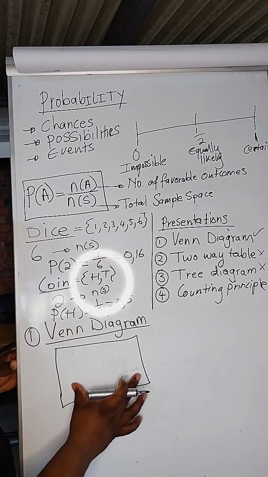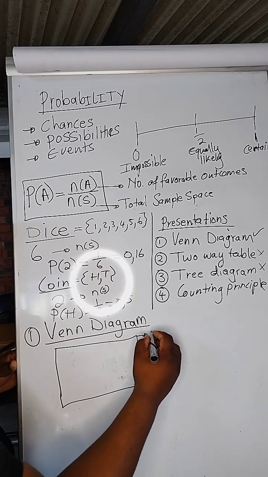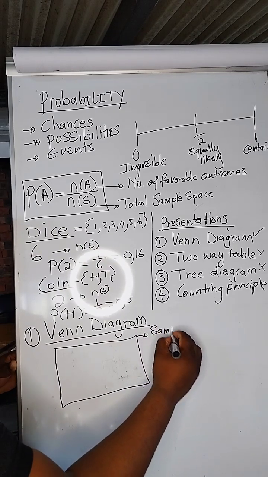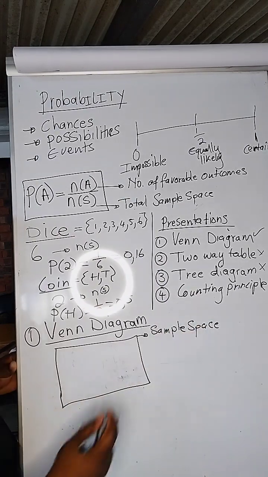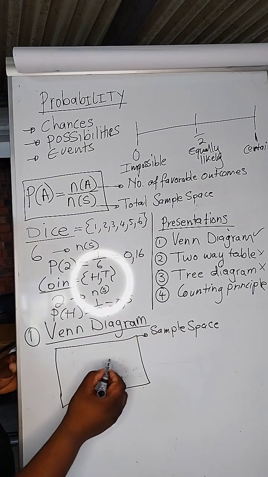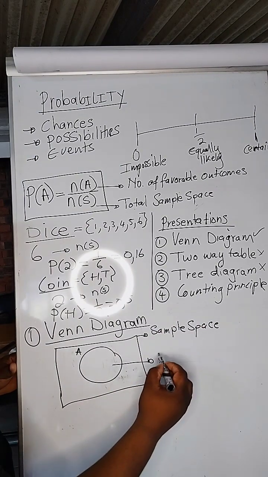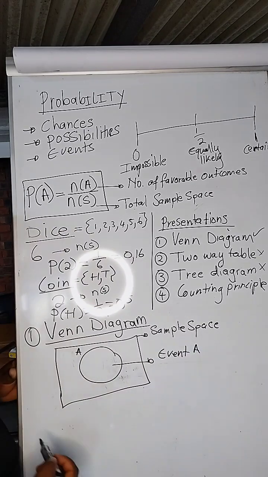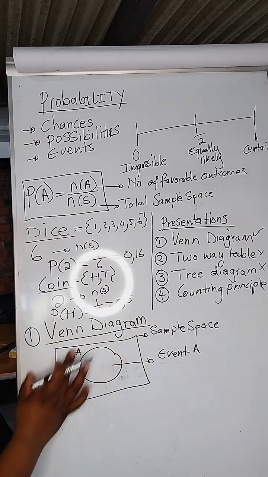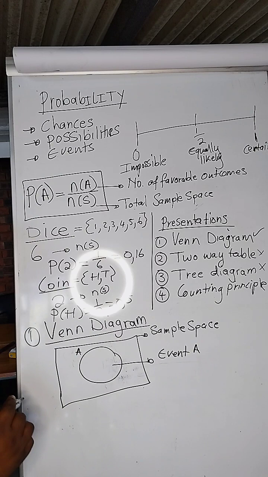A rectangle here in probability is called a sample space. And then if it has this thing inside, we know this is an event A. So this is how we represent a probability using a Venn diagram.